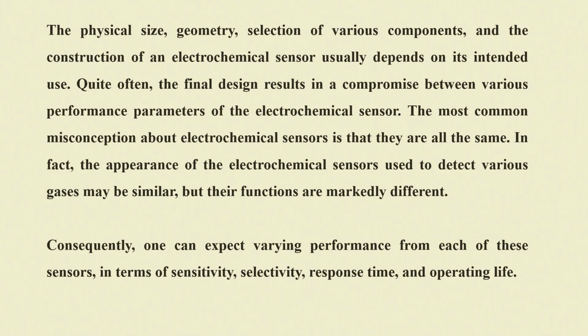So, wherever there are fire chances, carbon monoxide and carbon dioxide sensors are required. The physical size and geometry and selection of the various components and construction of an electrochemical sensor usually depend on its intended use. We will continue our studies on the sensors in the next class.